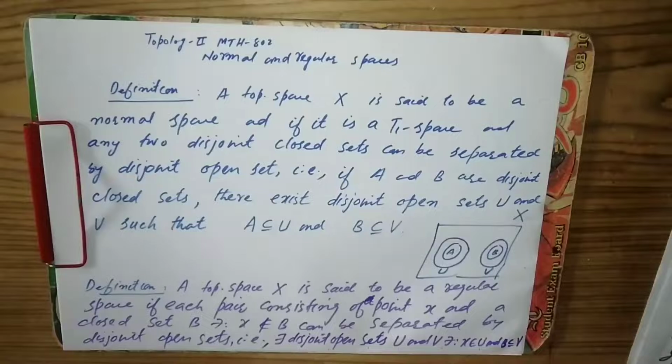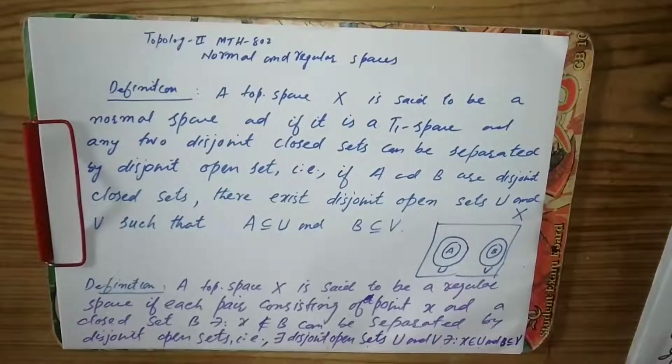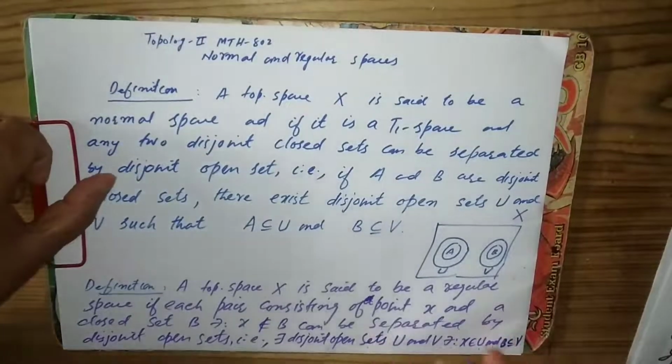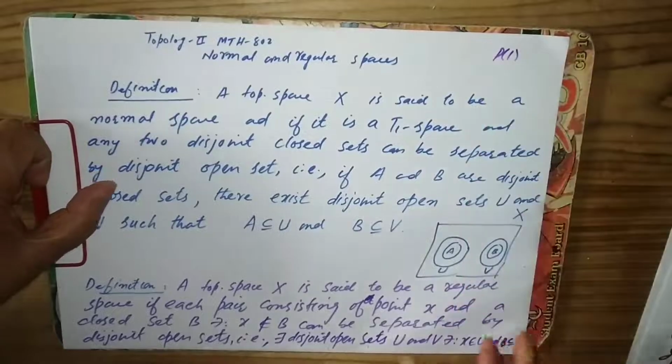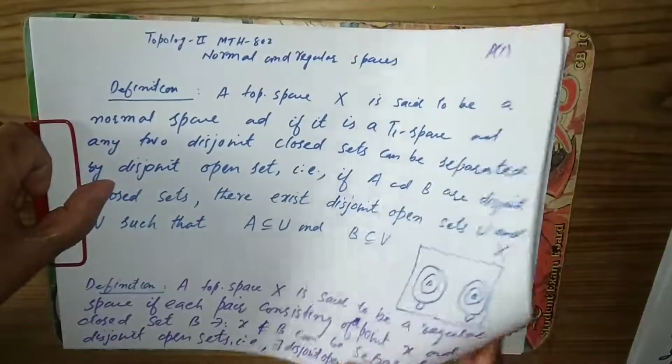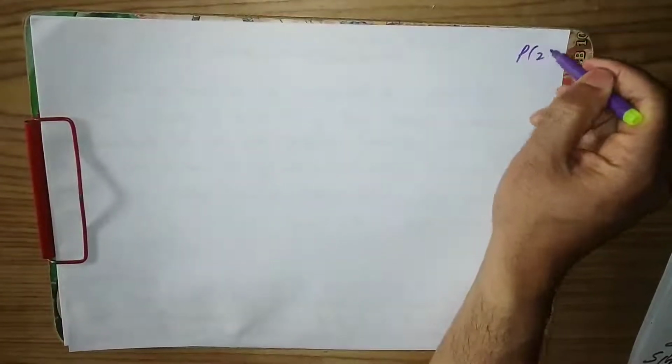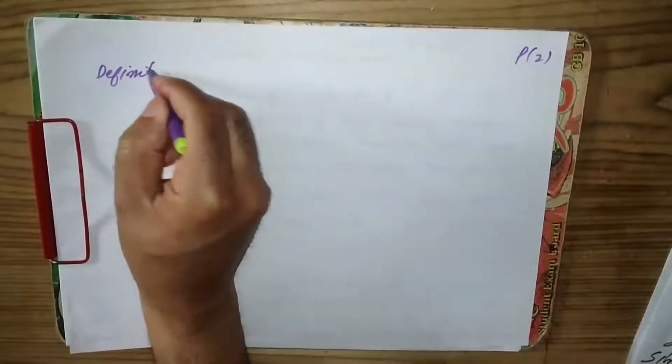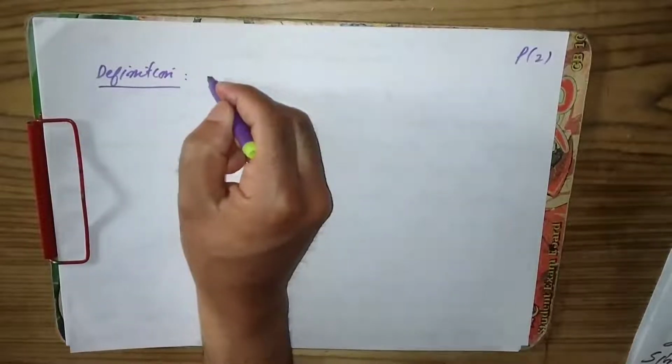Next we define a T3 space. A T3 space is a regular space plus T1 space. So a topological space X is said to be a T3 space if it is first a T1 space, and second it should be a regular space. That's the definition of a T3 space.